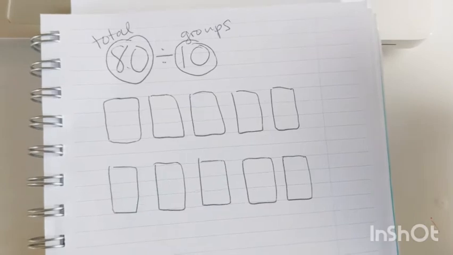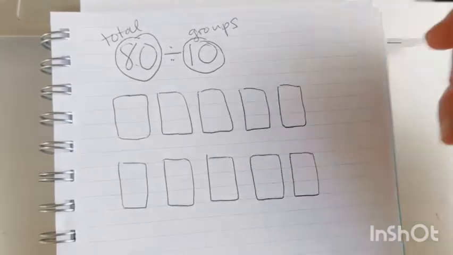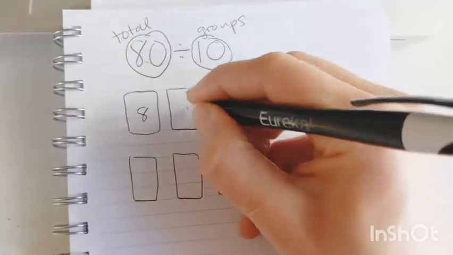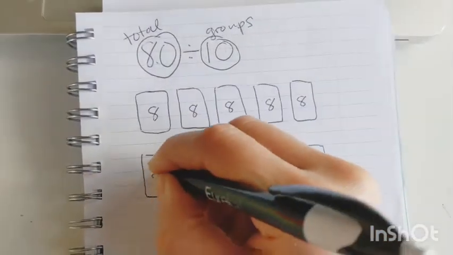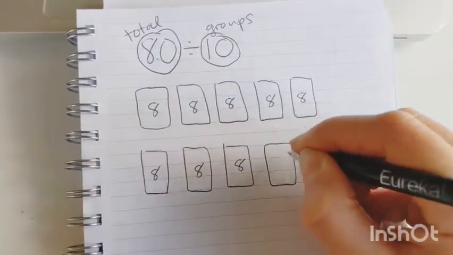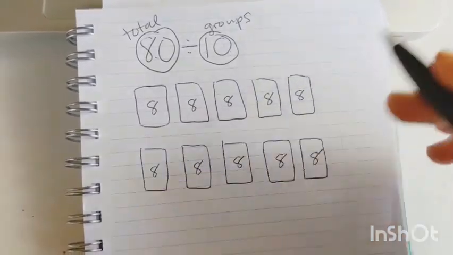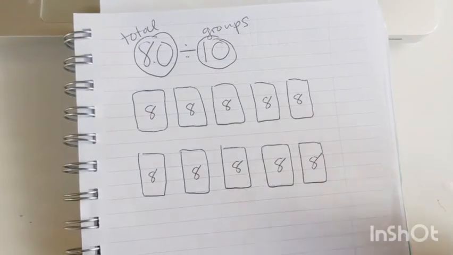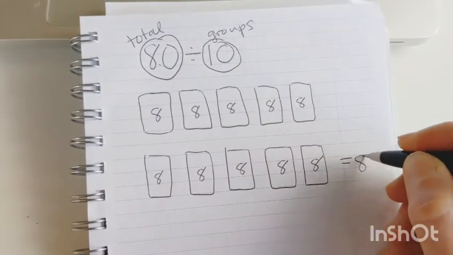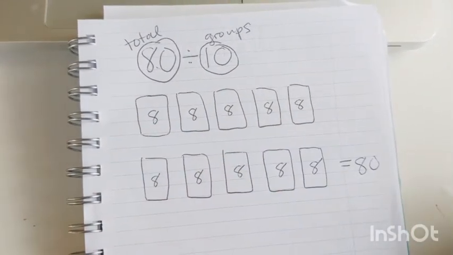So I know that 8 times 10 gives me 80. In other words, I could have 8 in each of my groups. And all together, if I added all these together, that would give me 80. You can double check my work.